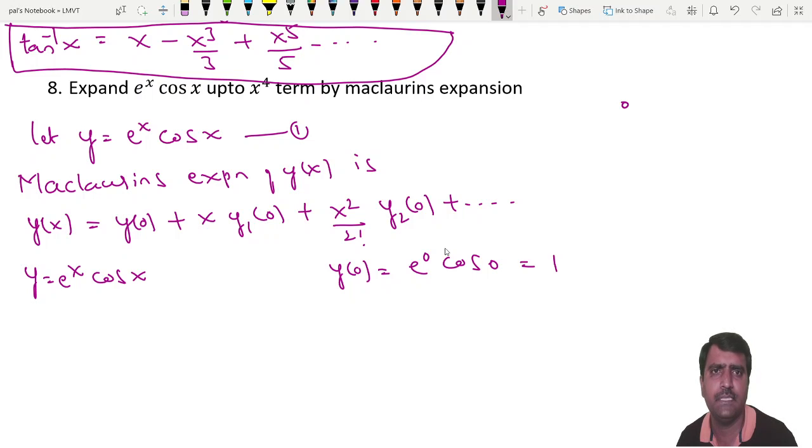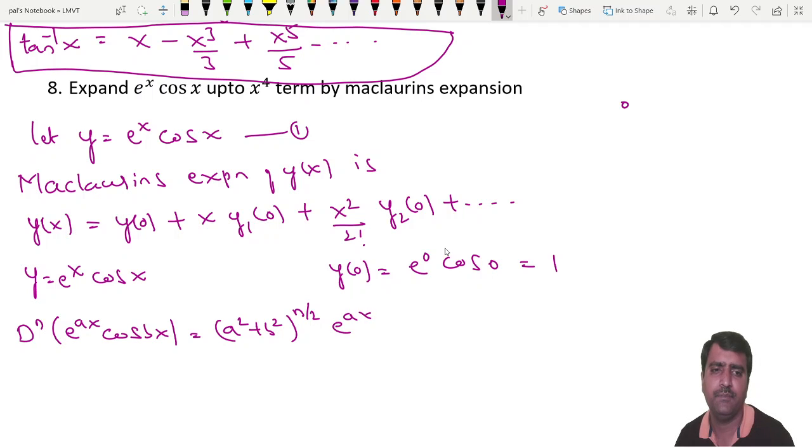What comes is, in one step two terms come in the first differentiation. In the next differentiation it could be 3, in the next it could be 4. If you want up to 4, it takes 4-5 steps first. But instead of that, if you write the nth differentiation, you know that nth differentiation of e to the power of ax cos bx is equal to a square plus b square to the power n by 2 into e to the power of ax into cos of n tan inverse of b by a plus bx.